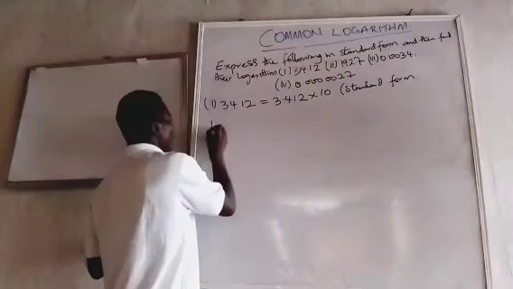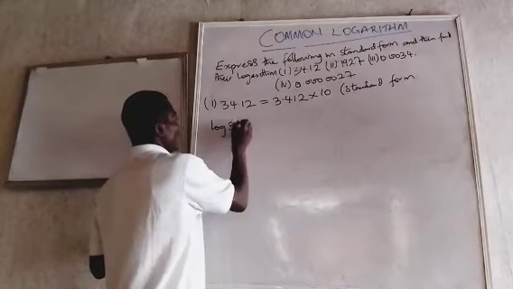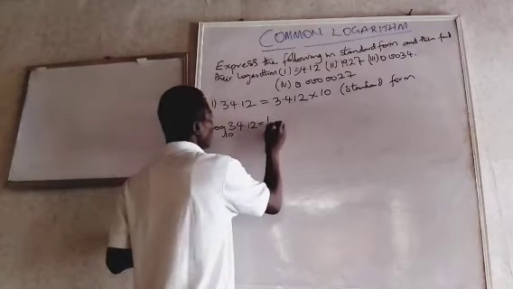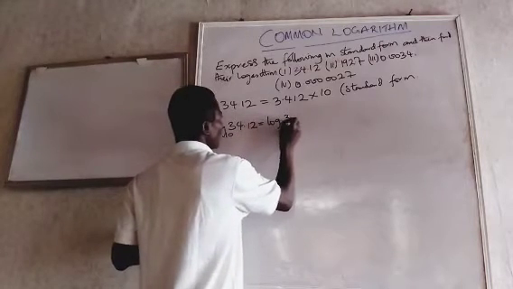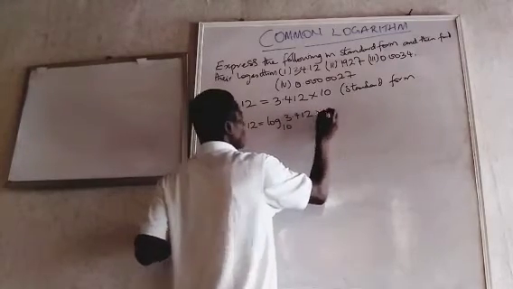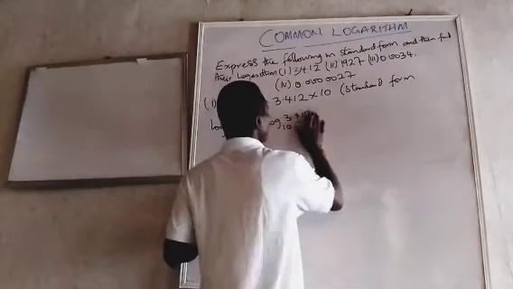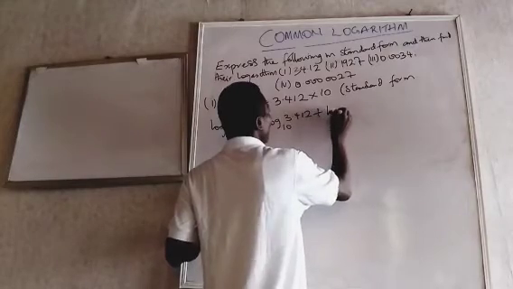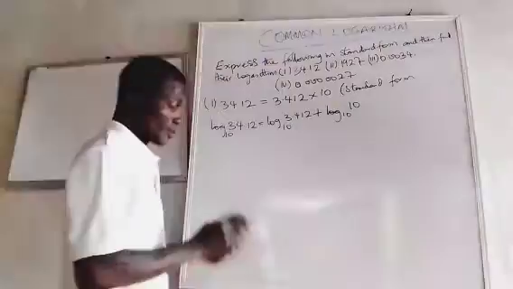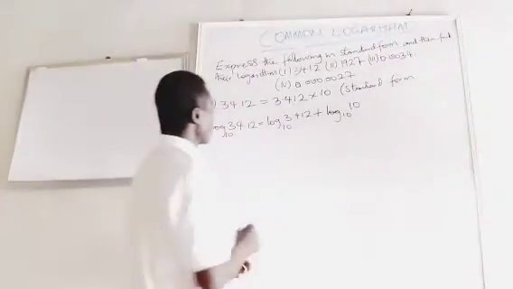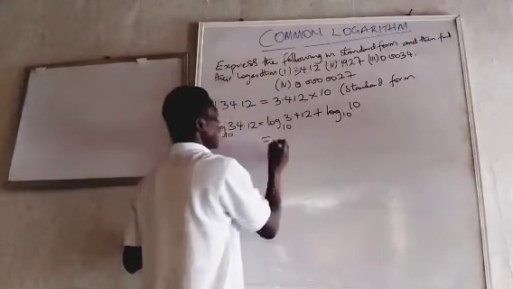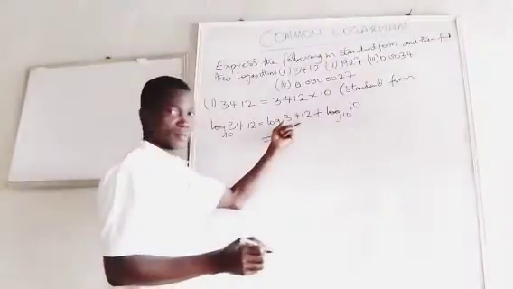So log 34.12 to base 10 will be equal to log 3.412 base 10 plus log 10 base 10. Just trying to simplify it. Now, we will get this one from the four-figure table.